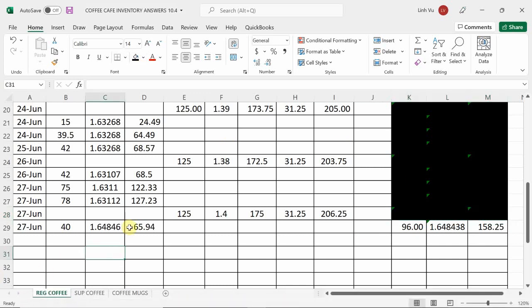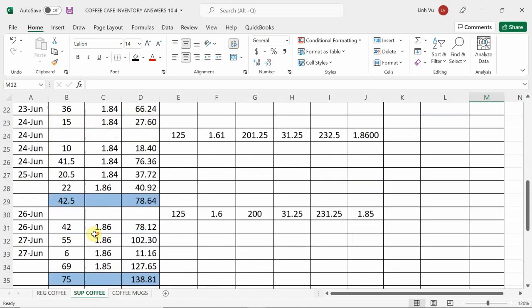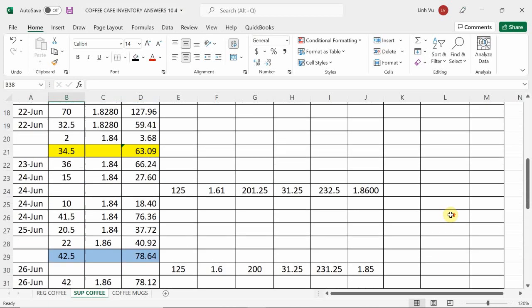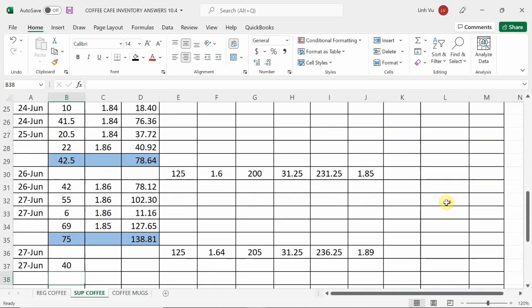Okay, so $65.94. Okay, Supreme Coffee. We used 40 pounds. So let's check our inventory on hand. Do we have enough? Yes, we do. For the 56 at $1.85.